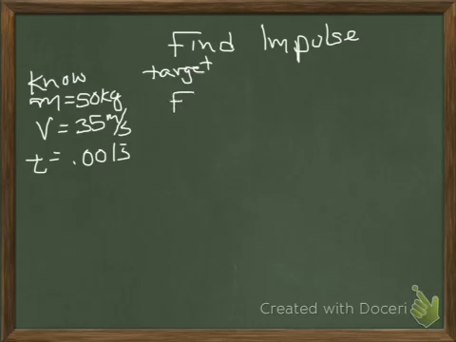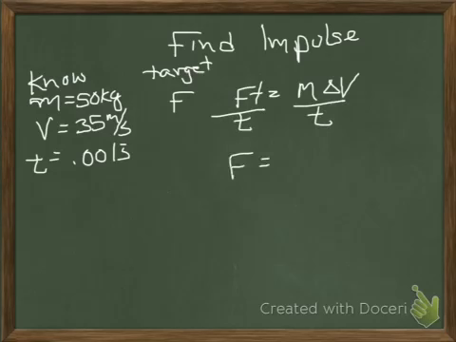So once again, we're going to take a look at our impulse, which is equal to our change in momentum. We're going to divide both sides by t and realize that our force is going to be equal to our mass times our change in velocity divided by time.